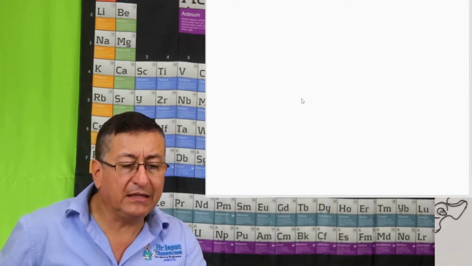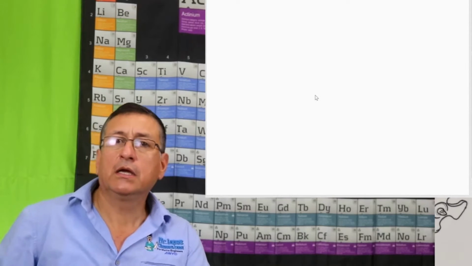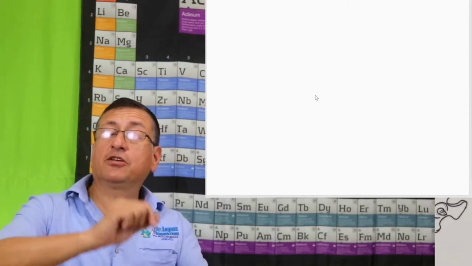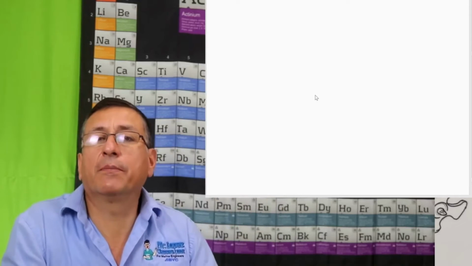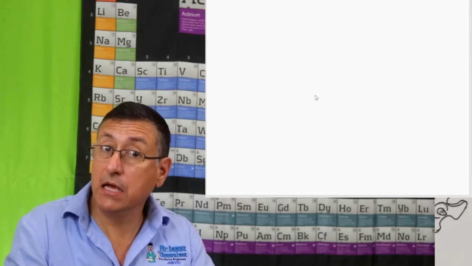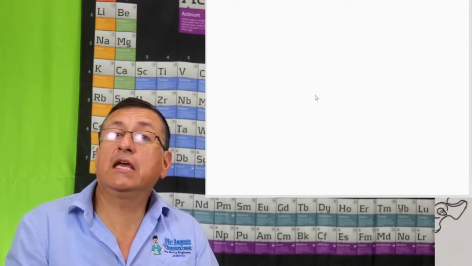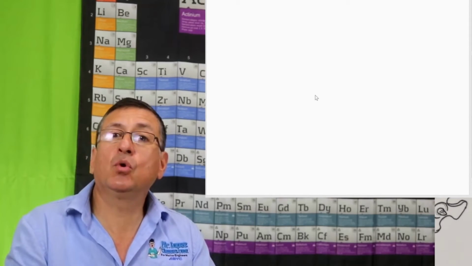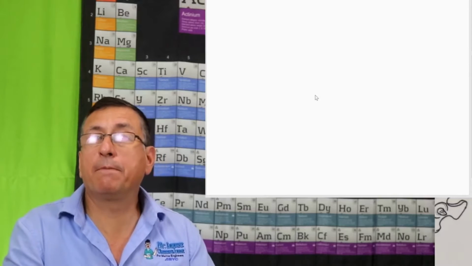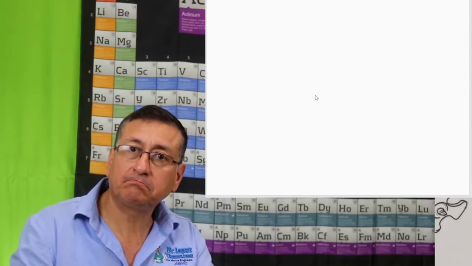Suppose that we have this situation. Remember that I explained that oxygen tries to attack the rest of the metals in the periodic table. We are going to study in particular what happens when oxygen tries to attack, for example, iron.